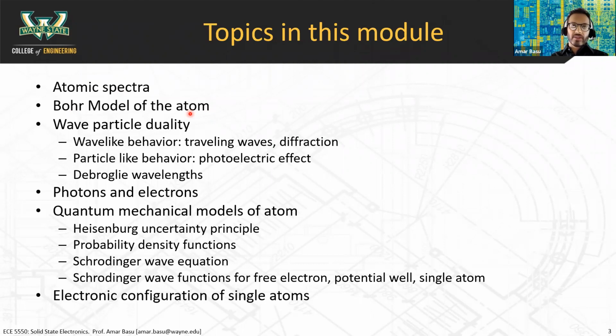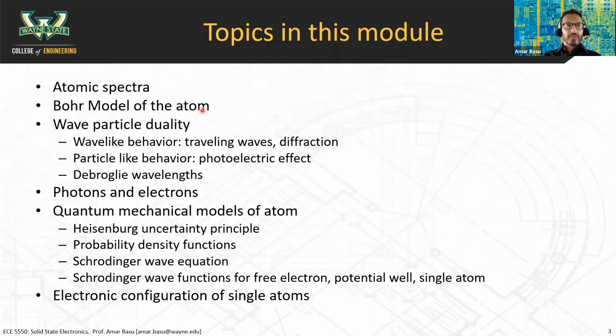Starting in the early 1900s to mid 1900s, we've expanded on that model. People like Heisenberg and Einstein have created the quantum mechanical model of the atom. So then eventually we are going to move into that model, which describes a lot of the electrical phenomena in semiconductors.